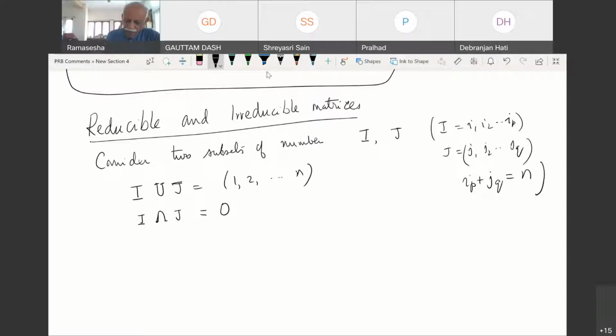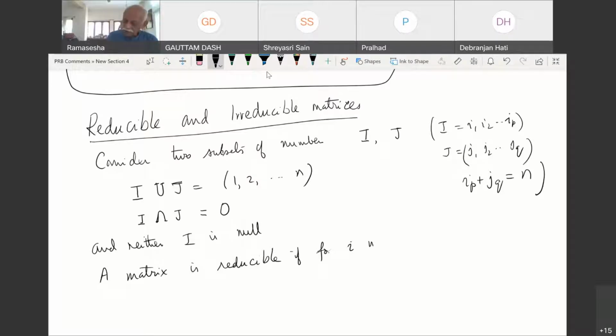Neither I is null nor J is null. A matrix is reducible if for i in I and j in J, Aij is equal to 0.